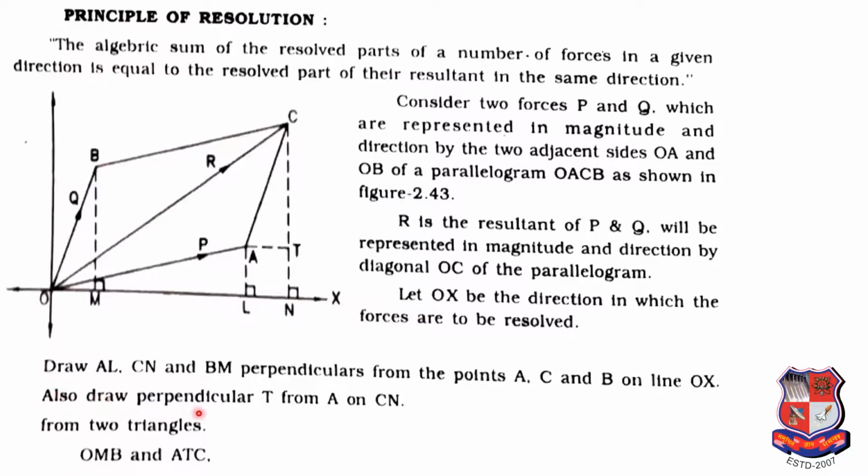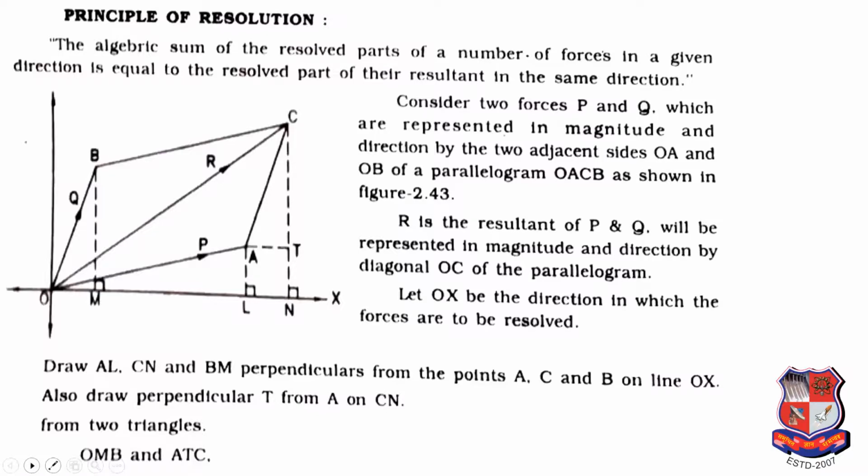Also draw perpendicular AT from A on CN, forming two triangles OMB, and here you can see OMB, and here you can see ATC.